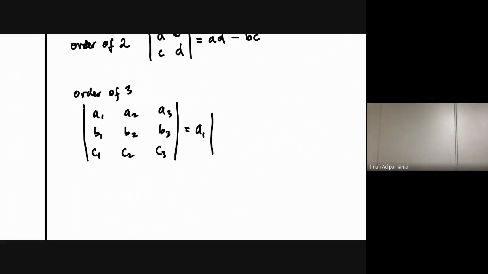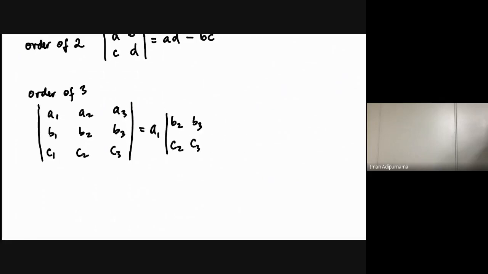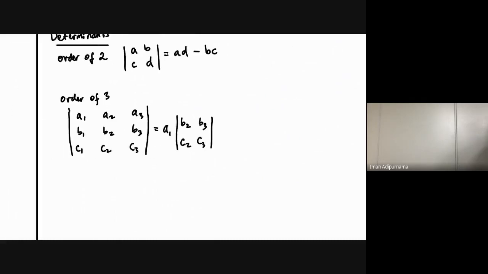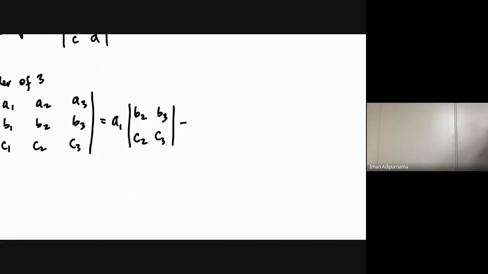If you want to observe A1, A2, A3 in the format of a matrix, A1 will be multiplied with the determinant in here. So B2, B3, C2, C3. And then it's minus.